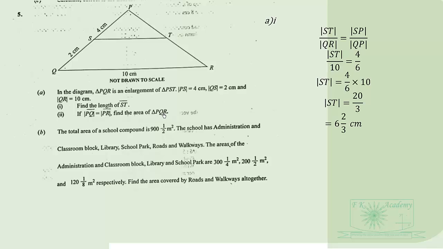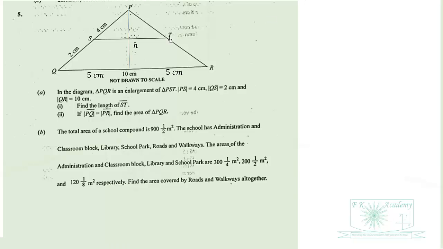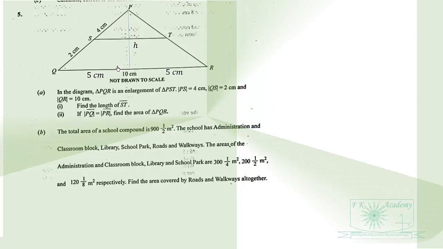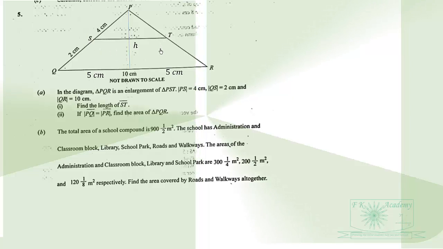So when we drop a line from P to Q, we can actually calculate the height using Pythagoras theorem, because that line will divide the triangle into 2 equal parts, since this side is equal to this side.